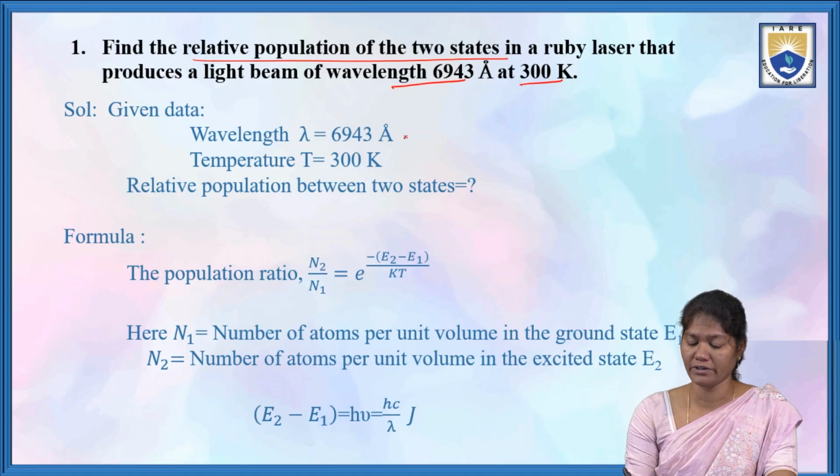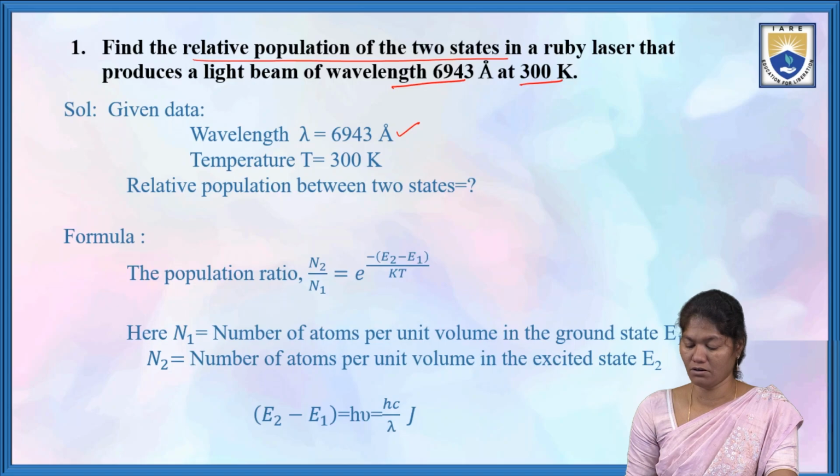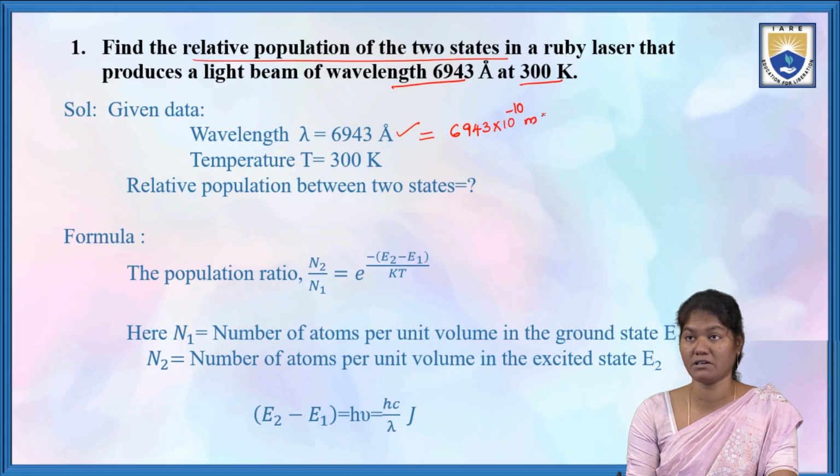So wavelength lambda is equal to 6943 angstroms, which we convert into meters. It will be 6943 into 10 power minus 10 meters.